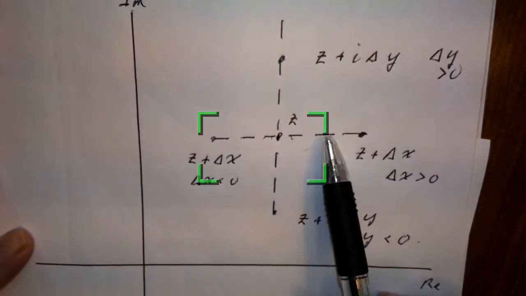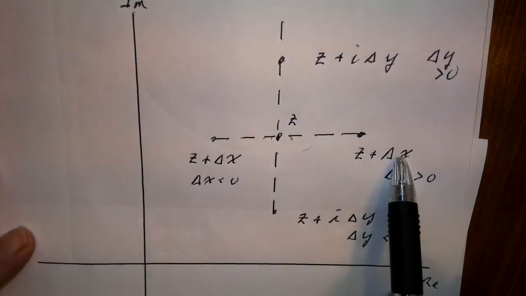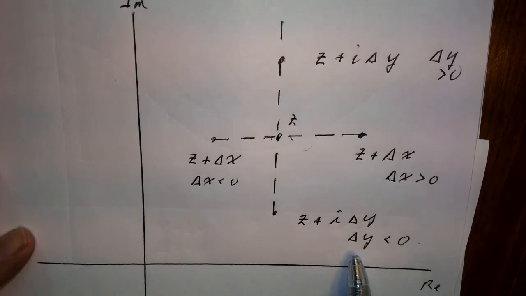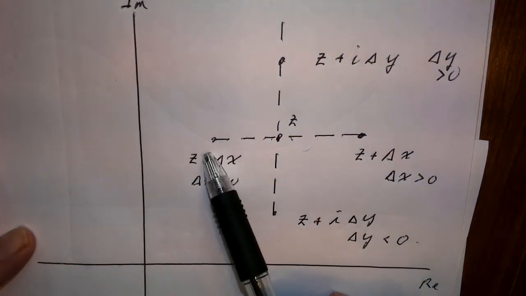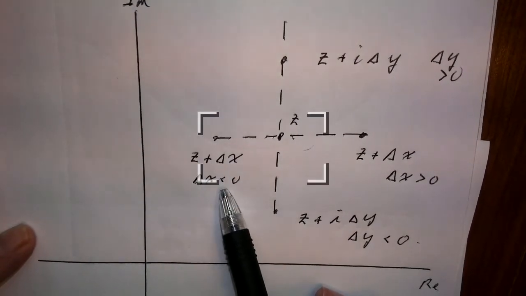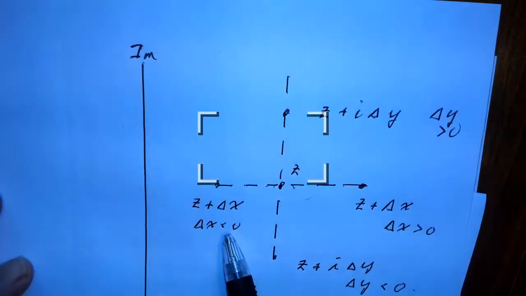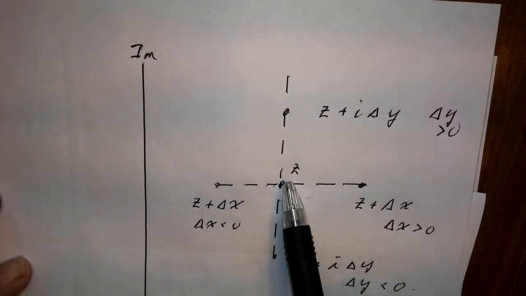Now, if we go from the right, we can write z plus delta z as z plus delta x, because we've simply moved in the x direction where delta x is greater than 0. This point over here can be written as z plus delta x, where delta x is less than 0. Now, if we go up to this point here, we've gone up an imaginary amount.